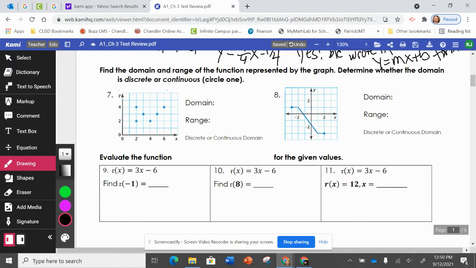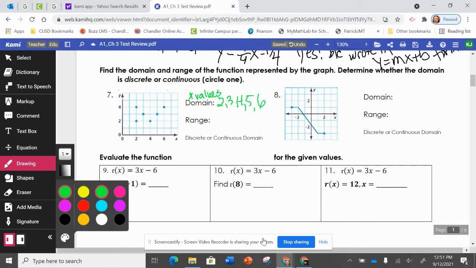Seven and 8 are asking about domain, range, and if they are discrete or continuous. So domain, remember, are x values. When I have dots like this, I'm just writing a list of what those x values are. So I see 2, 3, 4, 5, and 6. Range is y values.